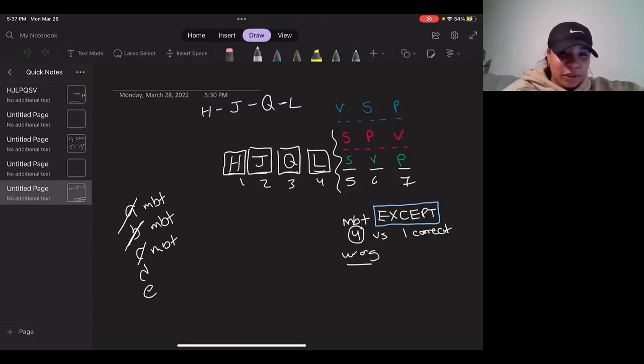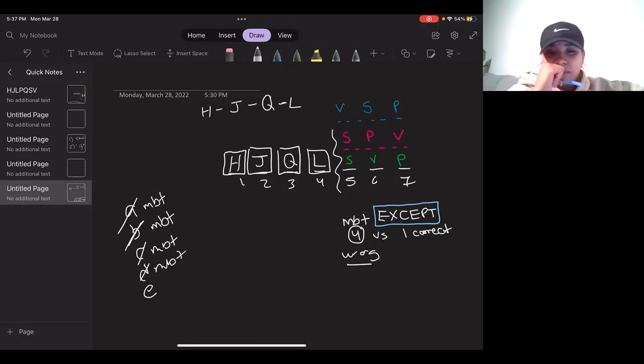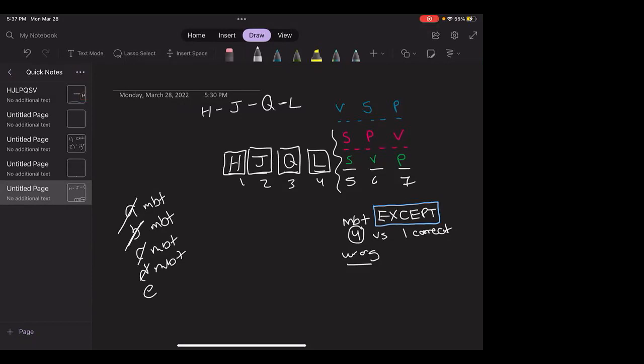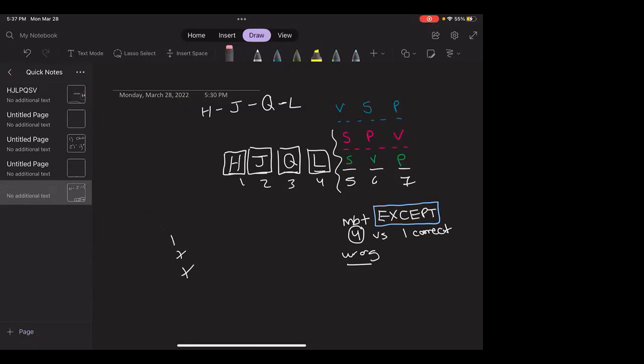Oh, yes, that must be true, because J is second. And then Q is third. Oh, that must be true too. Okay, so I was like, oh no. That's okay. All right, so let's do it again.